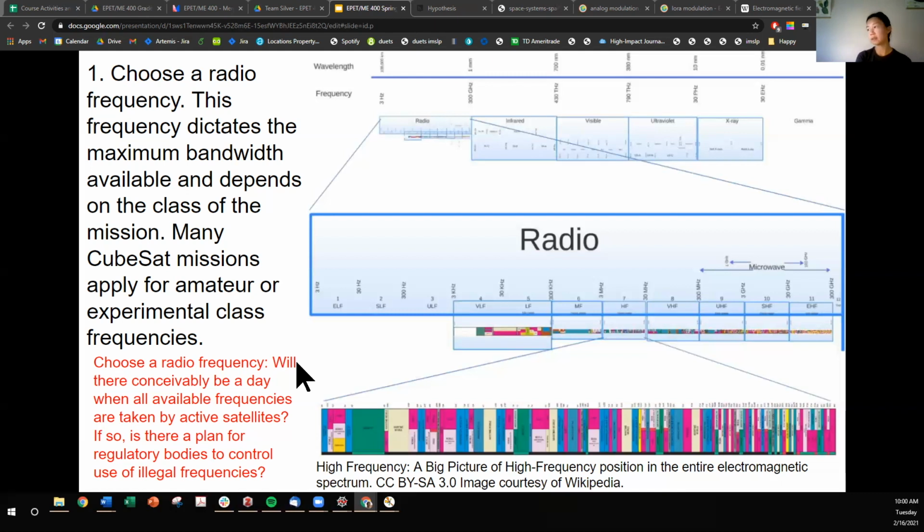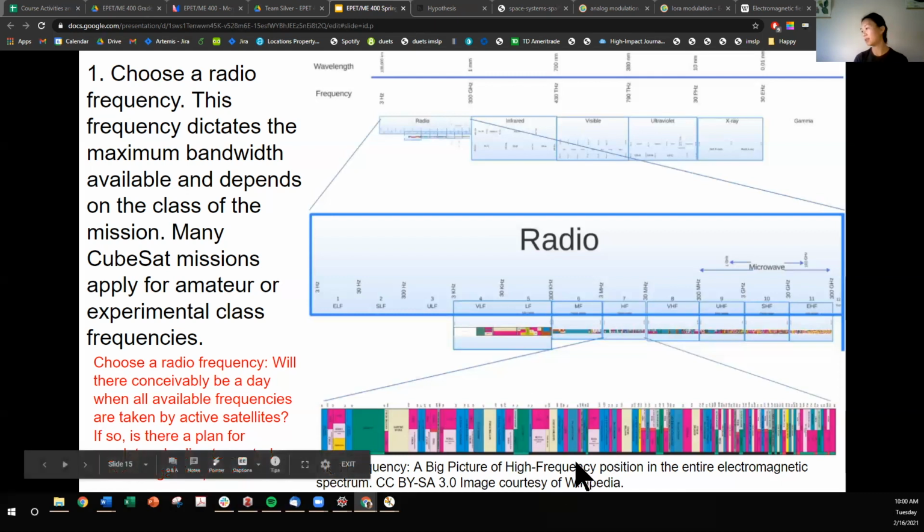The reason why radio frequencies need to be controlled is because if someone were to transmit a very intense and powerful signal at one of these allocated frequency bands that someone else is trying to use and listen for, then that person is not going to be able to pick up their signal.